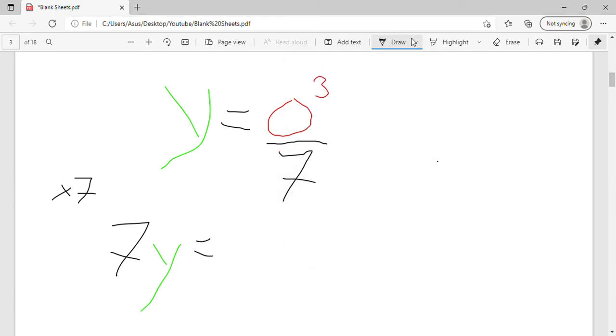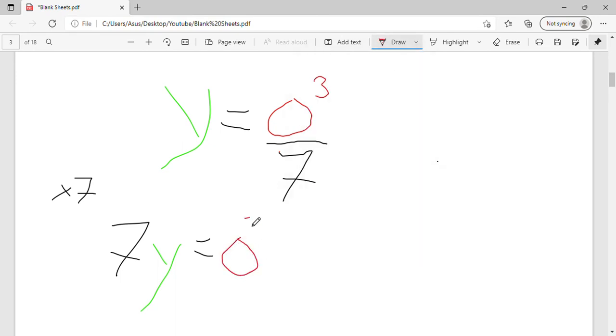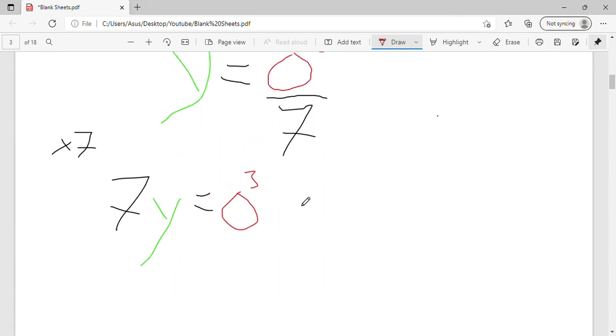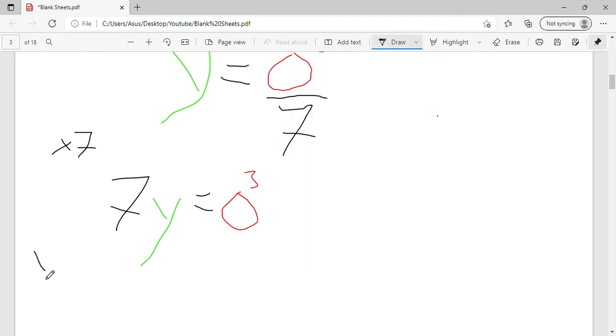O cubed, or to the power of 3. Alright, we've got our 7y here. Now, how do we get rid of this cubed? Well, we cube root it. That is the opposite of cubing. So cube rooting, like this, but with a 3 on it. So we cube root both sides.